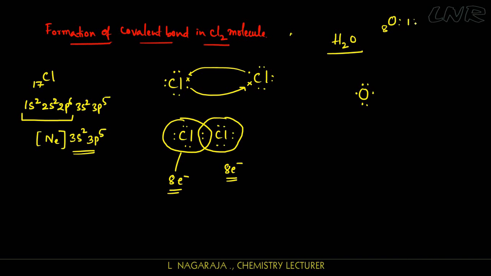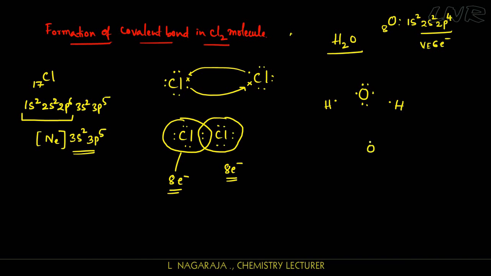So its electronic configuration is 1s2 2s2 2p4. So the outermost orbital contains 6 electrons. So these are called 6 valence electrons, right? Out of 6 valence electrons, 2 valence electrons are mutually shared with the valence electrons of the 2 hydrogen atoms. That is, hydrogen contains 1 electron, right?